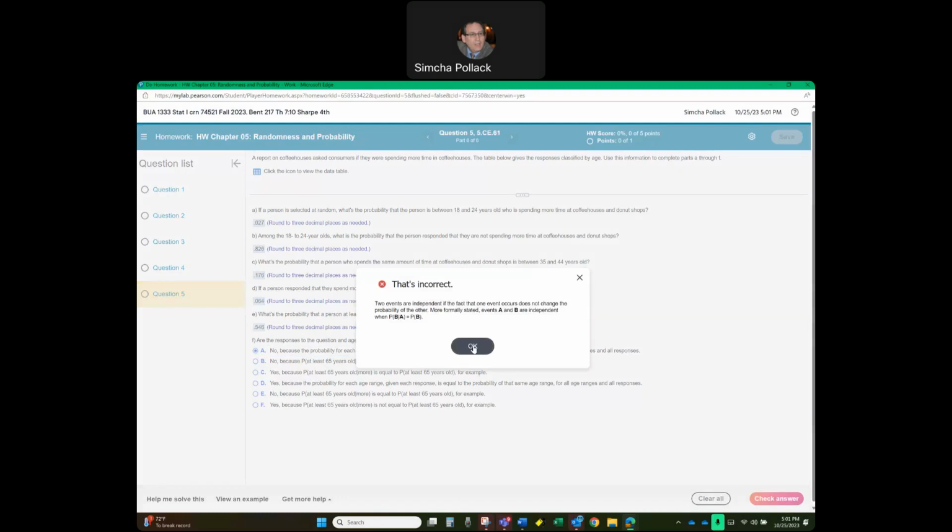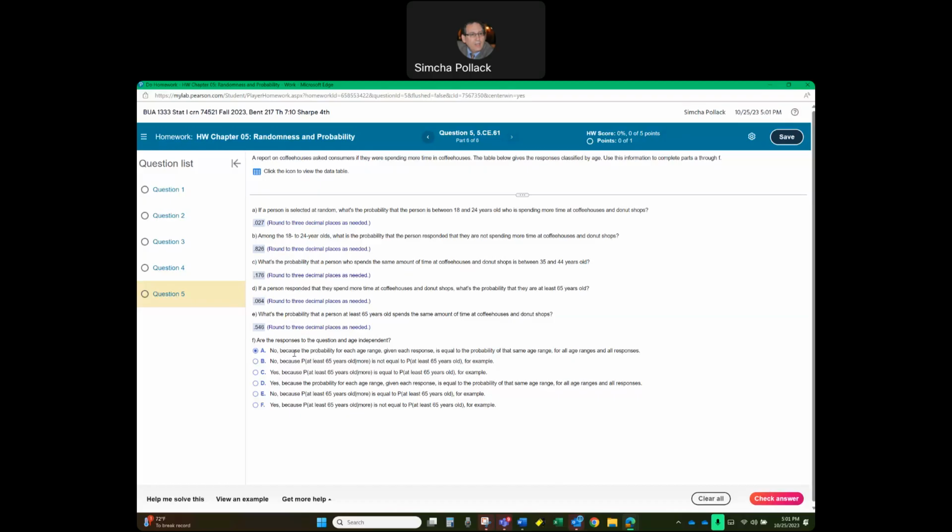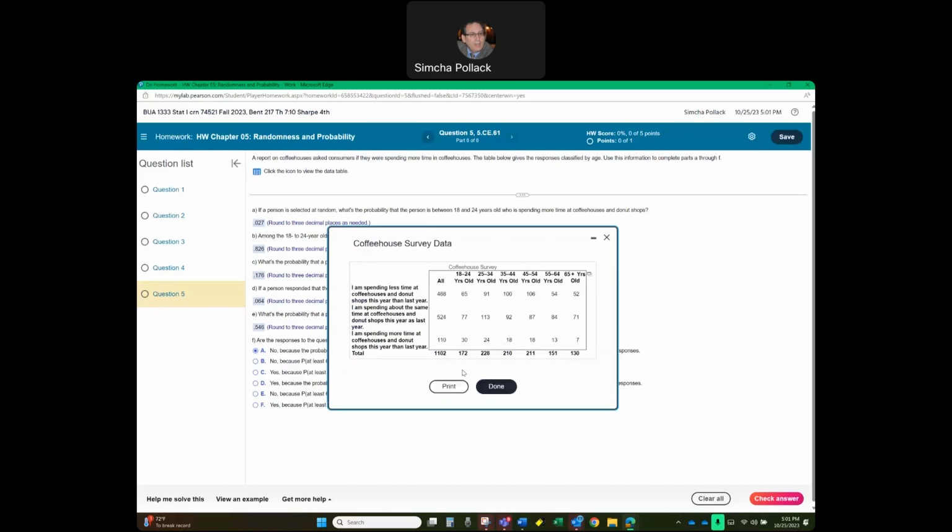They're saying if the conditional probability is not exactly the same, and we said this was 15.6%, 172 out of 1102, and then if you condition on more time, you get 30 out of 172, which was 17.4%.